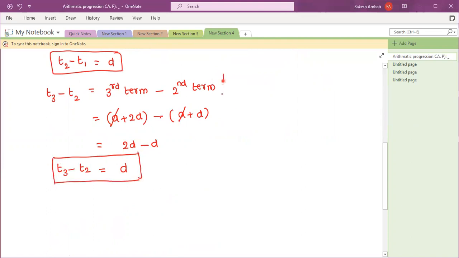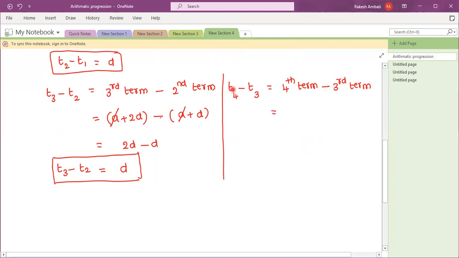In the same way, let us find T4 minus T3, the value of the fourth term minus the value of the third term. This subtraction we have to find out.